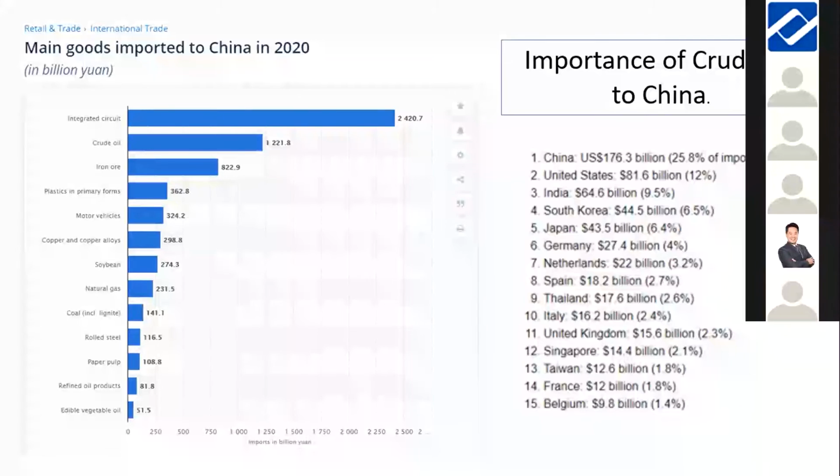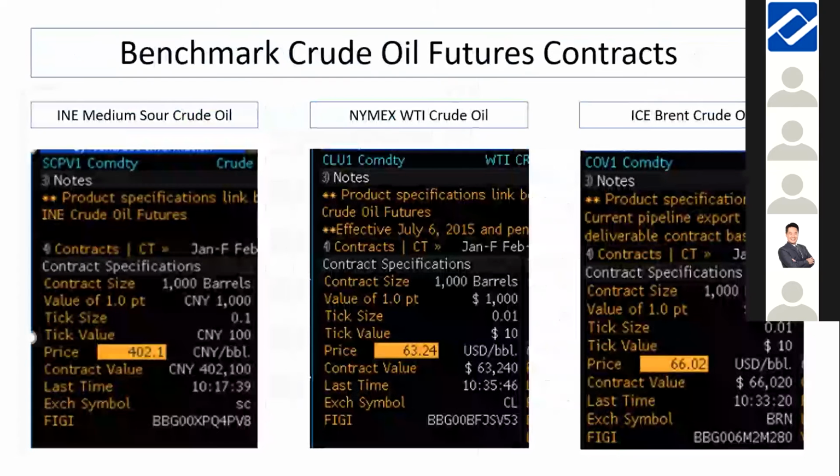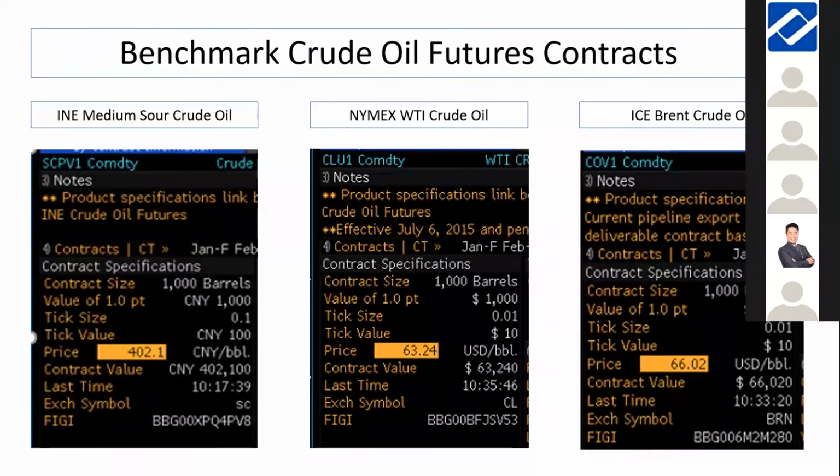First of all, there are benchmark crude futures contracts. The NYMEX WTI crude oil has been around for a long time. The ICE Brent crude oil contract has been around for a long time. The newest one, as we mentioned, is the INE medium sour crude contract.